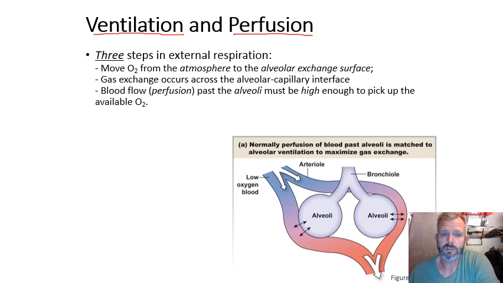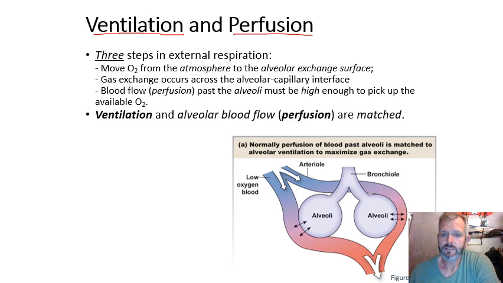Right? So we're moving the O2 in, and to get gas exchange, we want blood flow past the alveoli. It must be high enough to pick up the O2. So again, we're going to want to match the ventilation, ventilation with perfusion are matched.